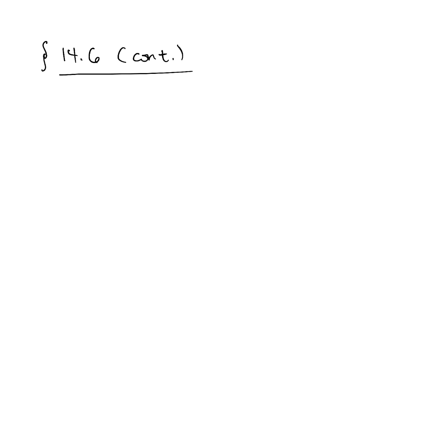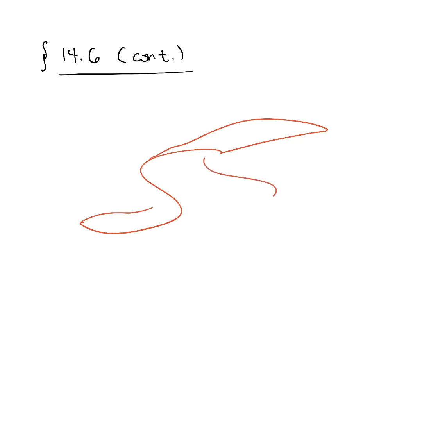Imagine you had a surface that was not so easily recognizable as z equals f of x, y. What if you had something complicated like this, and it was sitting in 3D space, like this?